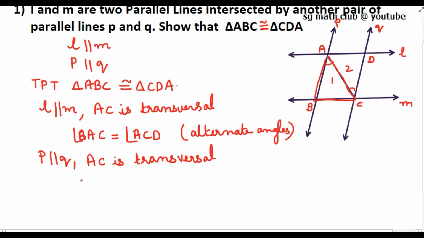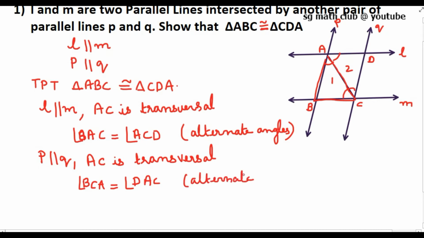So this angle and this angle are alternate angles, that is angle BCA is equal to angle DAC. So two angles are equal.